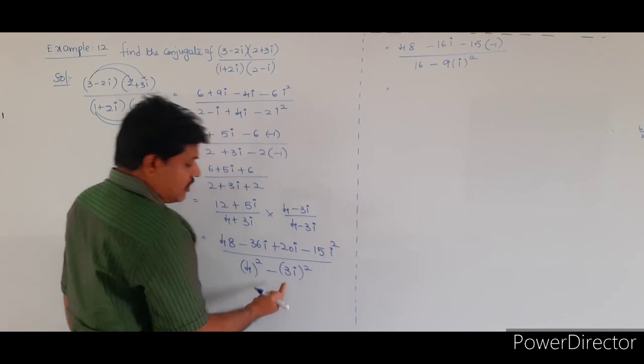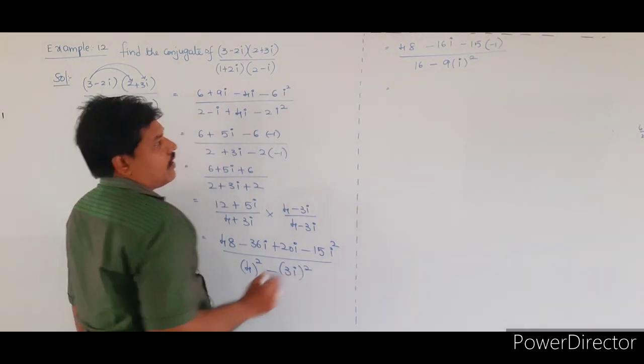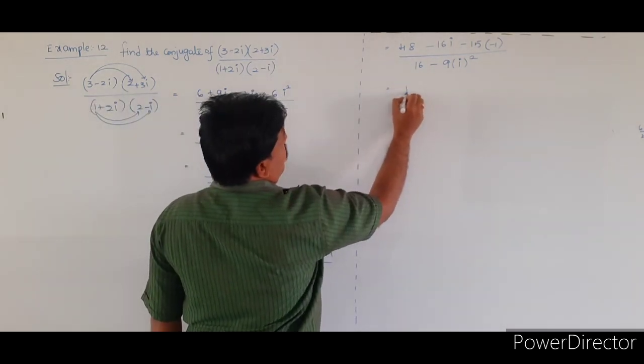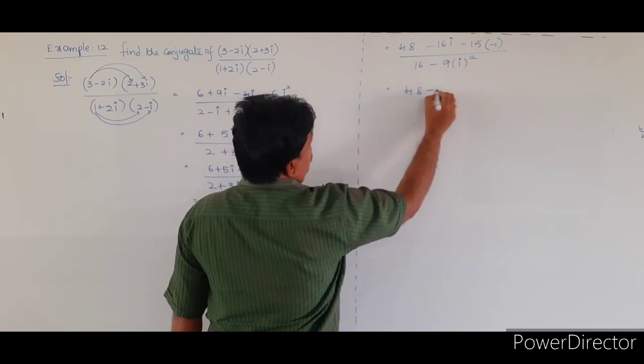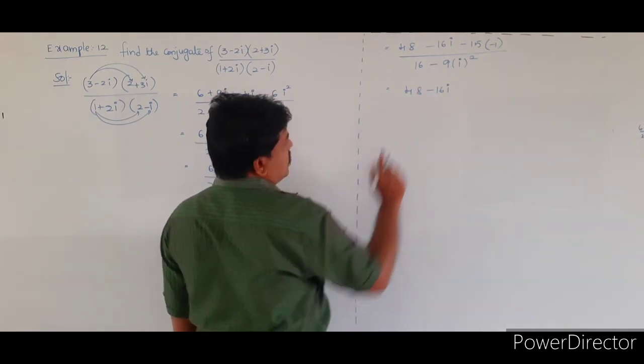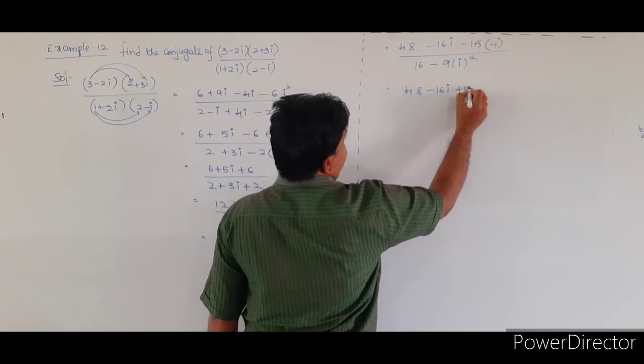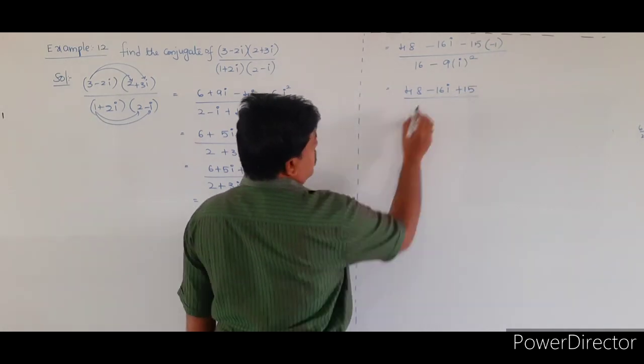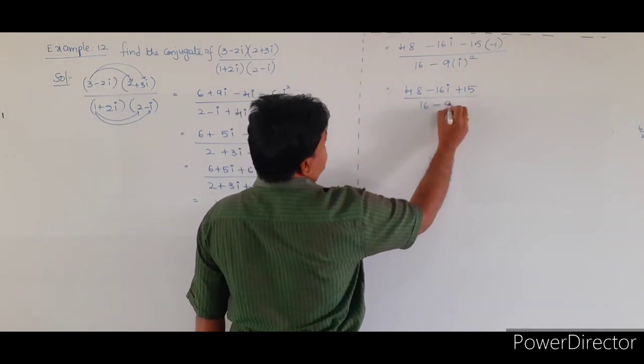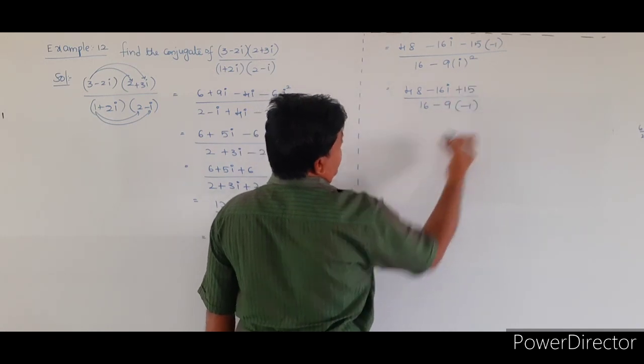So that is 48 minus 16i minus of minus plus 15, whole by 16 minus 9 into minus 1.